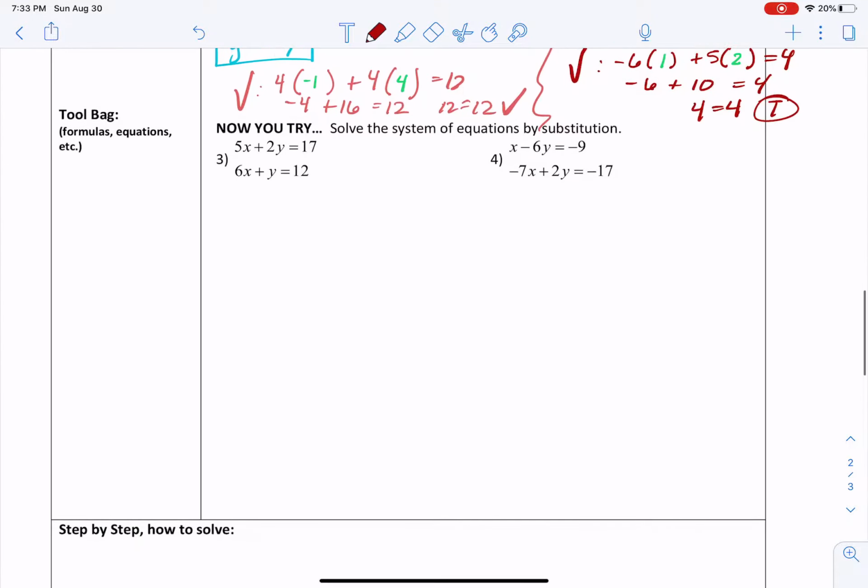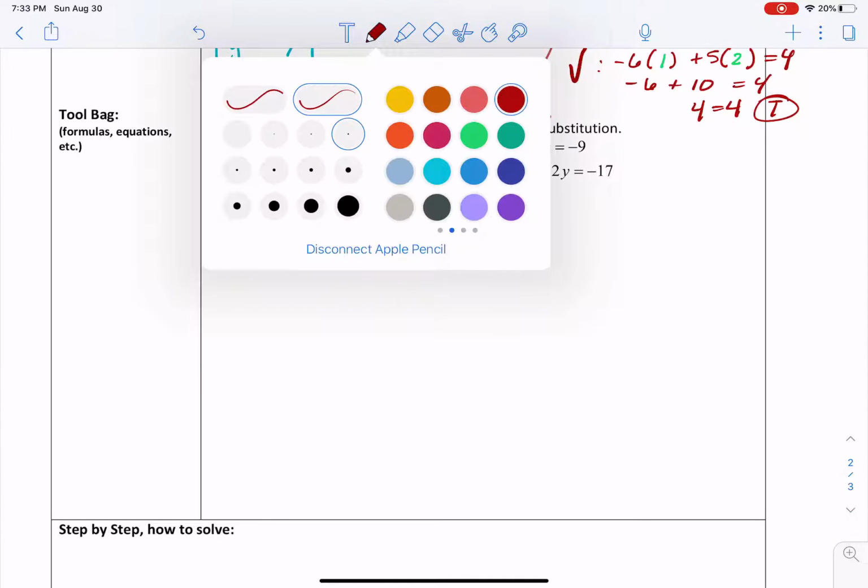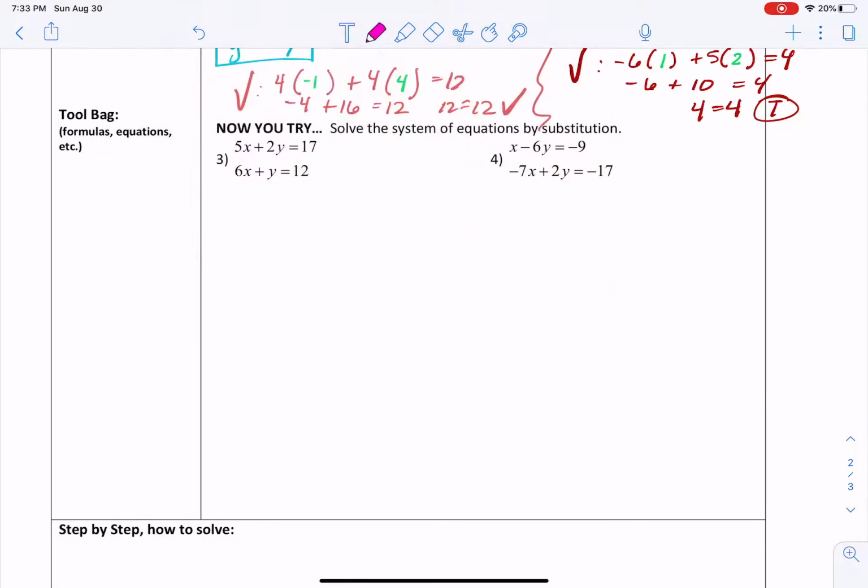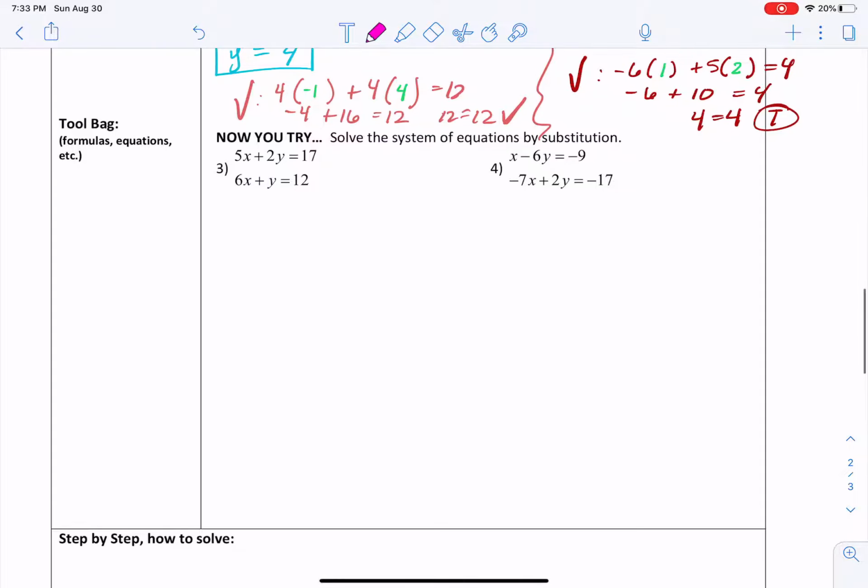So now let's look at a couple of equations that are not set up quite that way, where we actually have to do step 1. Step 1 said you have to isolate the variable. If I try to isolate a variable here, they both have coefficients and I'll have to divide eventually. So I don't want to do that. But if I look at this one, all I have to do is to move the 6x to the other side.